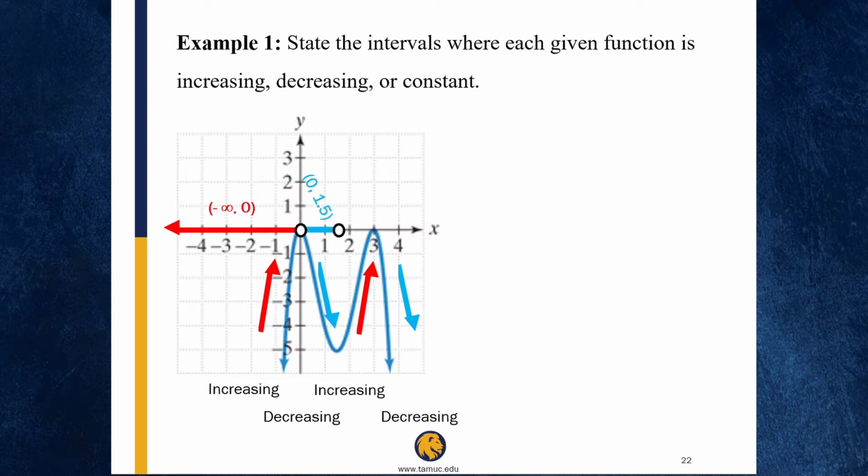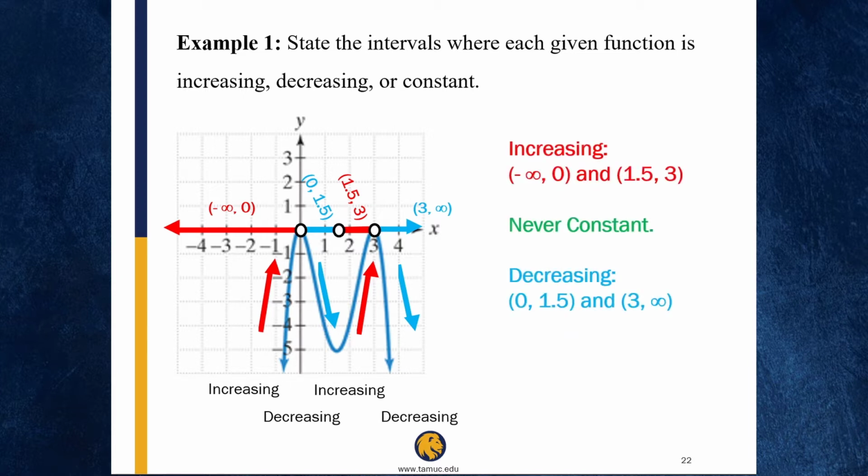And then it starts to decrease. The interval on the x-axis would be from 0 to 1.5, since it stops right in between 1 and 2 there at 1.5. And then after that, it starts increasing again from 1.5 up to 3. And then from 3 onward to infinity, it's decreasing.